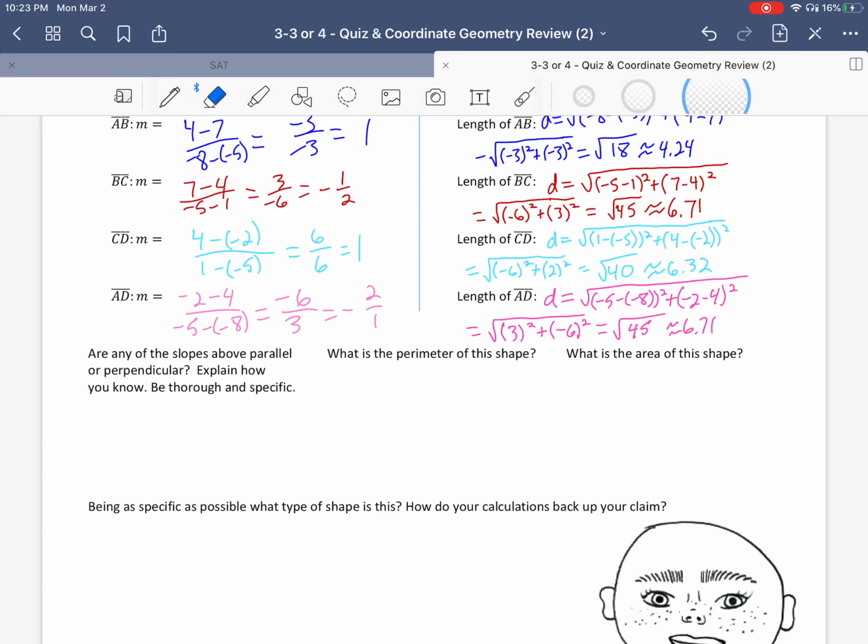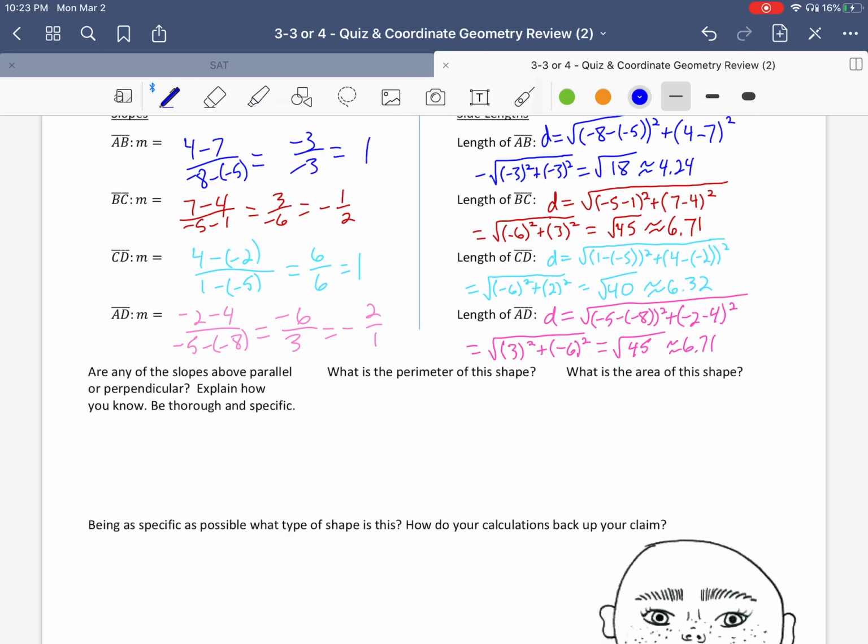Are any of the slopes above parallel or perpendicular? Explain how you know. Be thorough and specific. Well, I see that AB has a slope of 1 and CD has a slope of 1. That means that side AB is parallel to side CD.